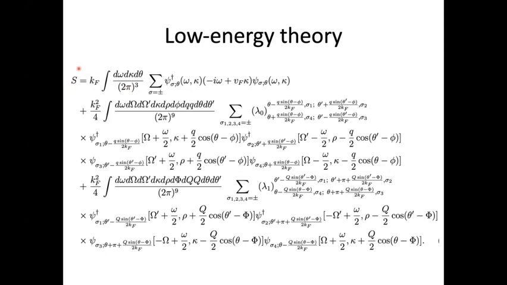The action is growing in magnitude, so to speak, and this is due to the fact that the number of gapless modes, measured in units of the typical momentum transfer Q, that is, the number of patches connected by typical momentum transfer Q, increases.